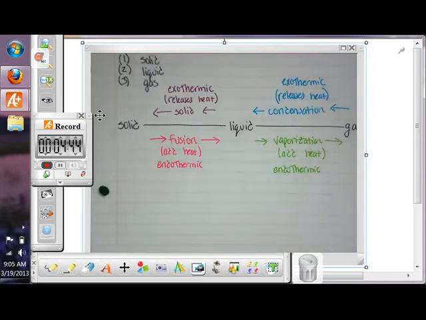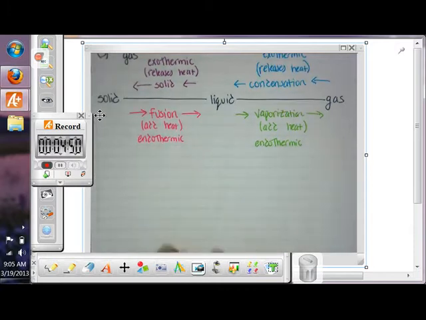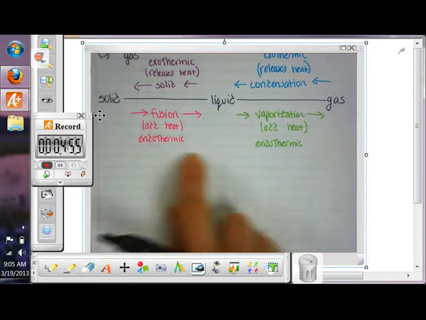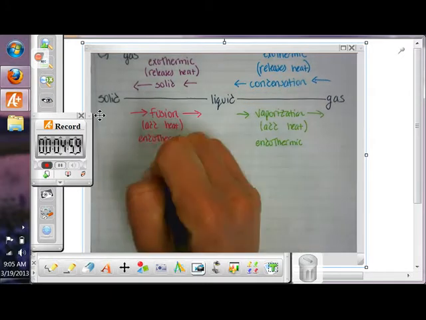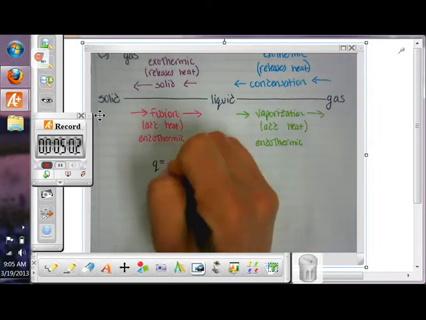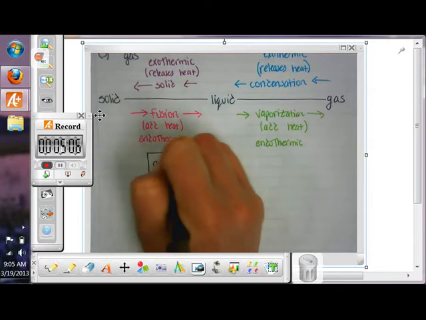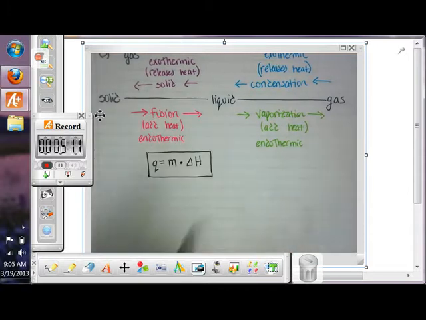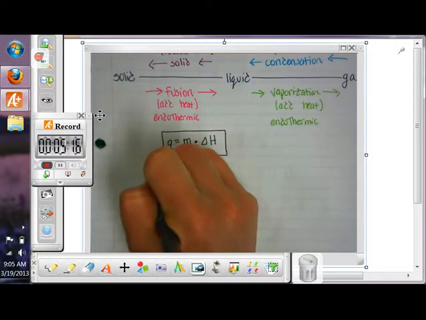Okay, so now what I'm actually going to do is I am going to go ahead and write out the equation we're going to use, because we're going to be able to calculate how much heat needs to be added, or how much heat gets released. And that equation is Q equals M times delta H. Where Q is heat, energy, and that is in joules.